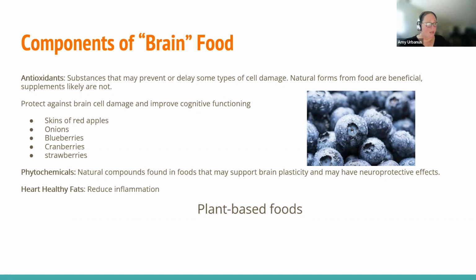Now, phytochemicals are natural compounds found in foods that may support brain plasticity and may have neuroprotective effects. So phytochemicals come from the pigments in our fruits and vegetables. And really, when I think of phytochemicals, they work in conjunction with antioxidants. And so we kind of have this human antioxidant system.